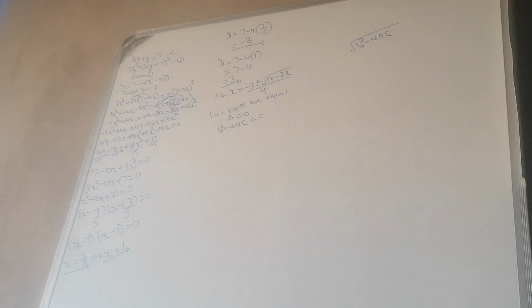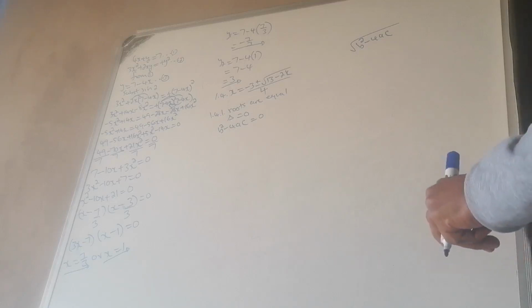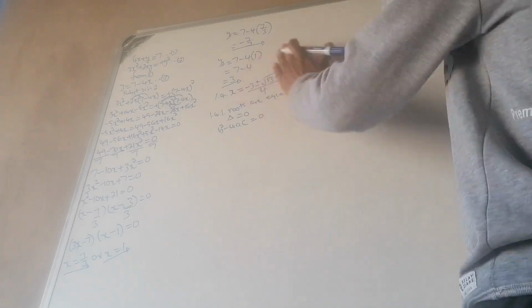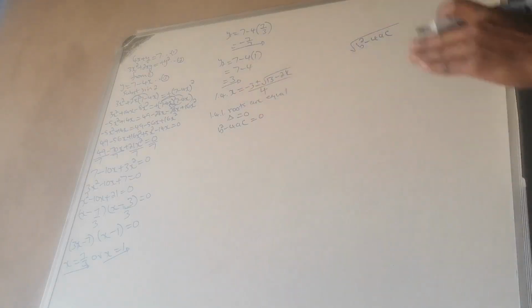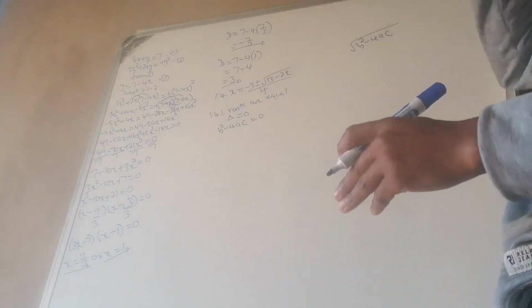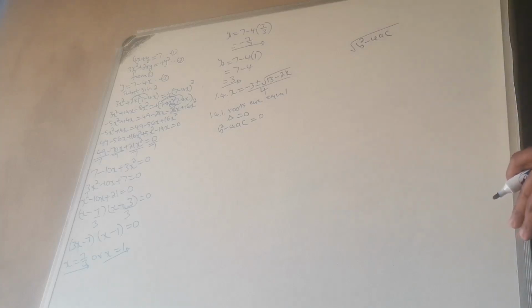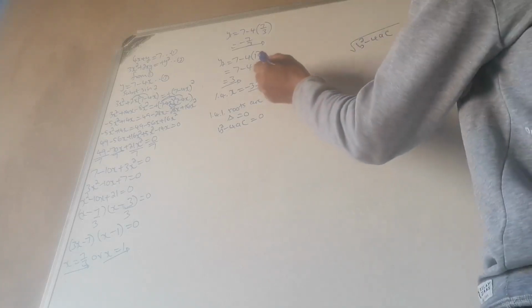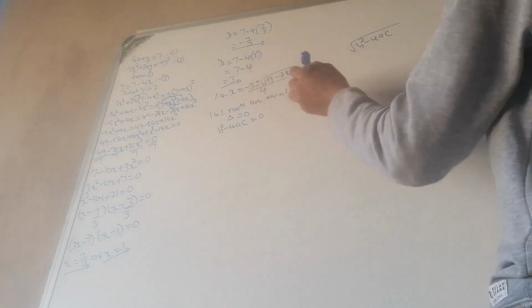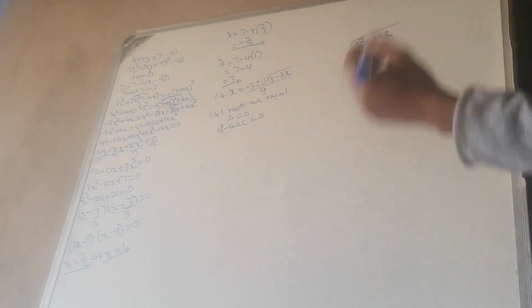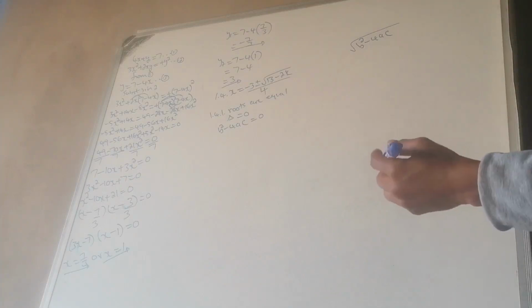That is the question. How do I find the values of a, b, and c in this? I'm concentrating on the value that is under the square root. By just looking at that, I can tell this must be the value of b, and it must have been squared in order to get 13.